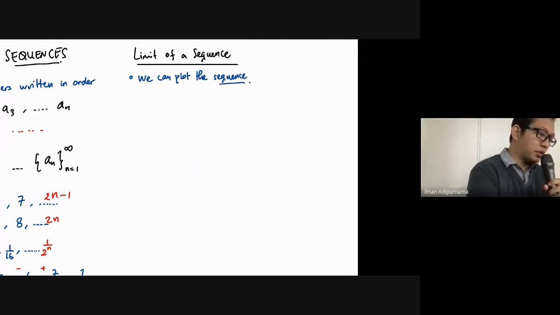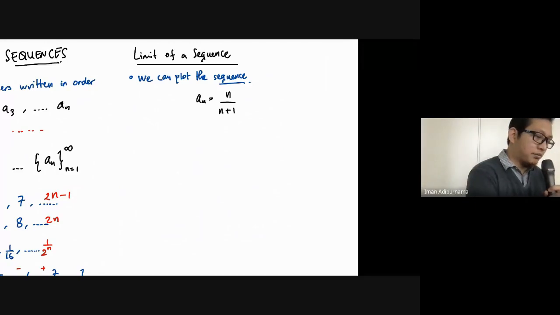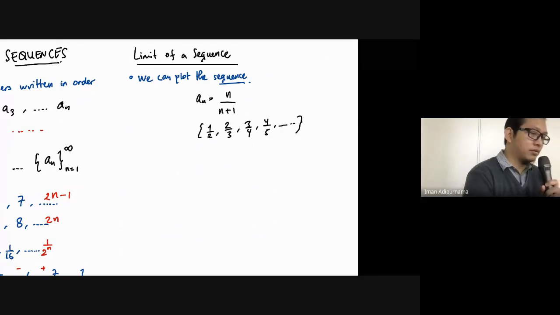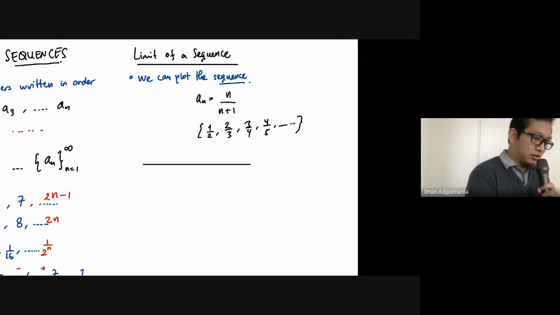For example, if the sequence is a_n equals n over n plus 1. Let me write a few terms. If n is 1, then it's 1 over 2, 2 over 3, 3 over 4, 4 over 5, and so on. And if we look at the representation for a sequence, from 0, and maybe this is 1.